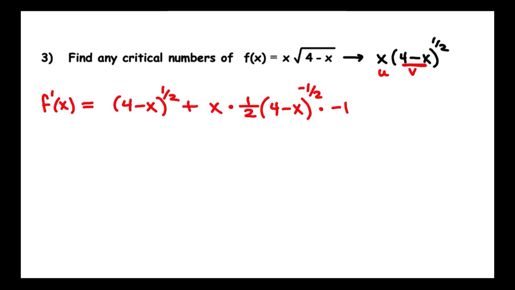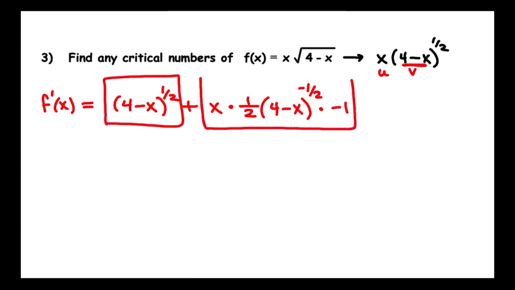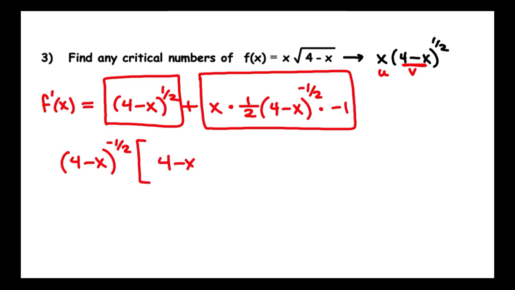All right. Critical numbers. I have to set this mess equal to 0. Before I do, I'm going to factor. I see that we have two terms. Remember, from algebra, terms are separated by addition or subtraction signs. So both of the terms have a 4 minus x in them. I'm going to factor that out. But I'm going to factor out, as weird as this sounds, -1/2 of them. Leaving me with 4 minus x to the first.